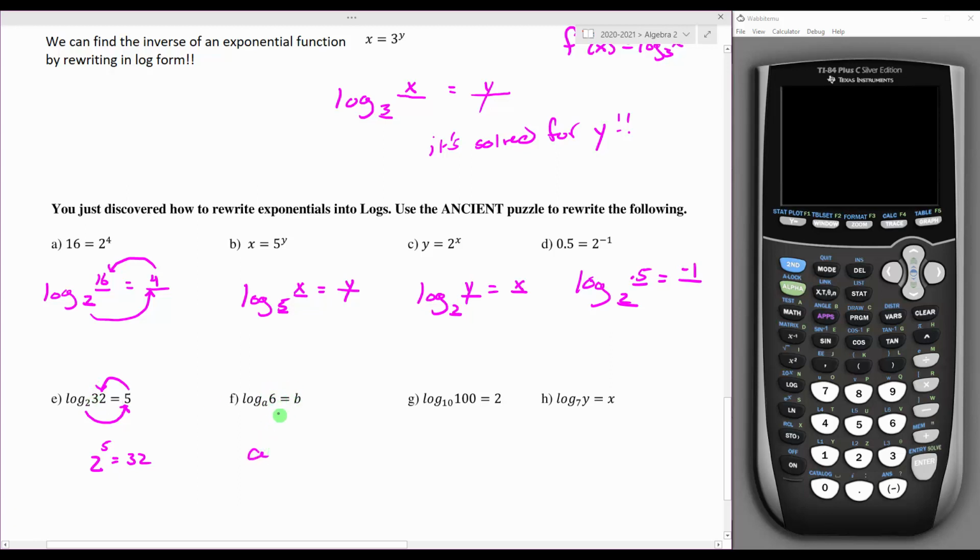The base is A. What power is it being raised to? B. And what does it have to be equal to? 6. Same thing here: the base is 10, we're raising it to the 2nd power, and 10 to the 2nd power must equal 100. The last one here, the base is 7, we're raising it to the x power, and it has to be equal to y.